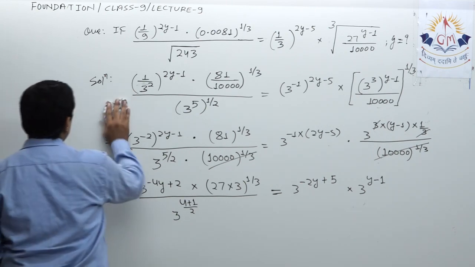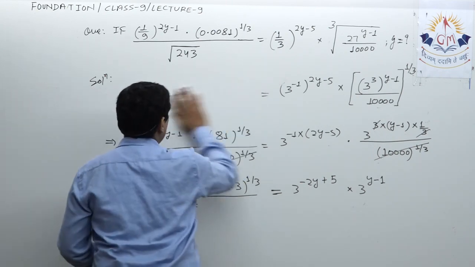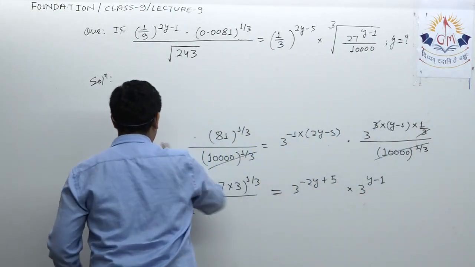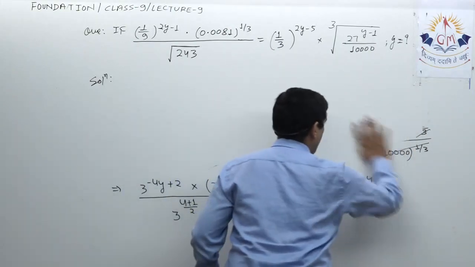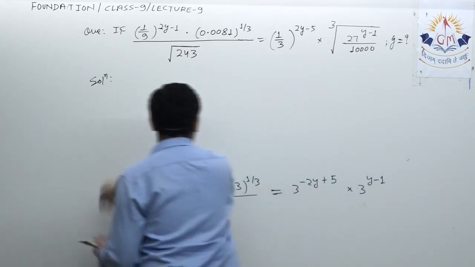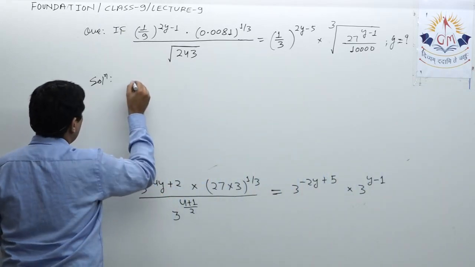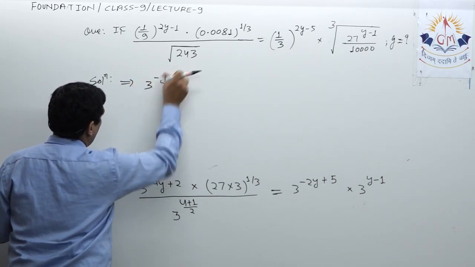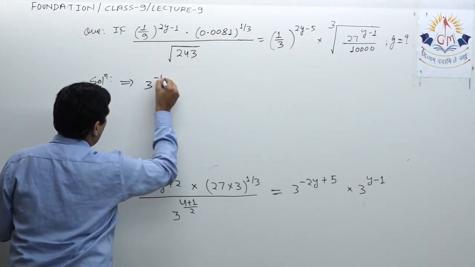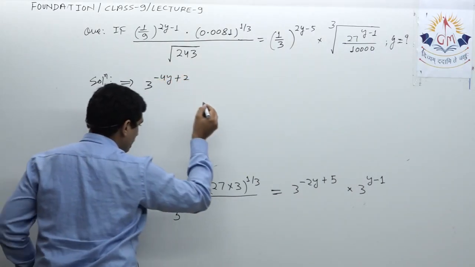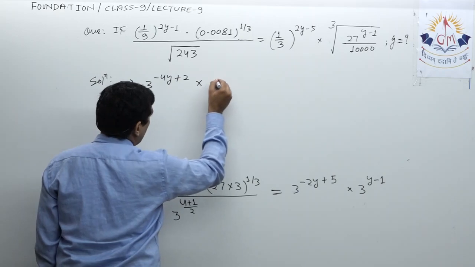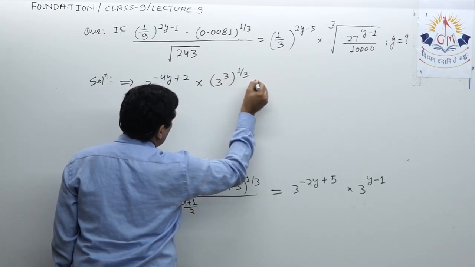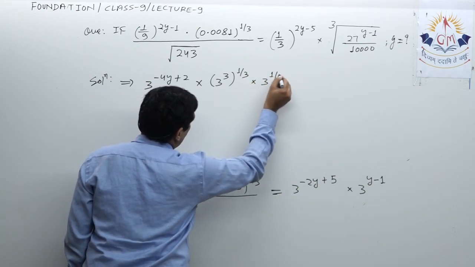Okay, now let us see how to solve it further. Now here it will become 3 raised to minus 4y plus 2 minus 4y plus 2 multiplied by 3 raised to 3 raised to 1 by 3 into 3 raised to 1 by 3.